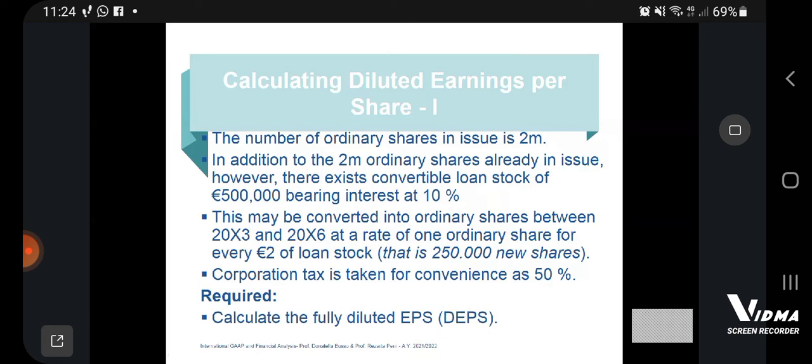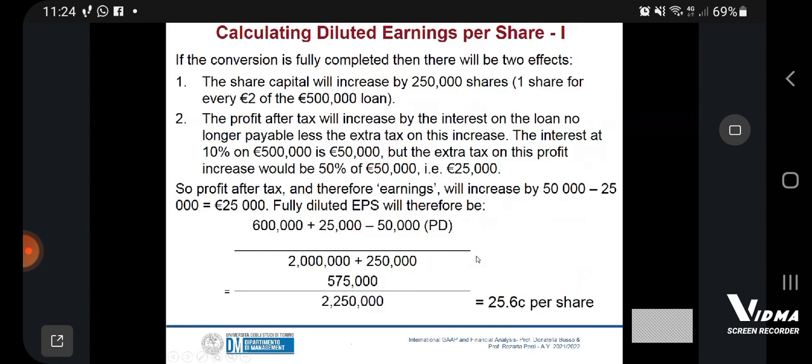So basically, I would take earnings, I would take the number of shares, and then I would consider the effect of this security that has potential dilutive effects. Okay, what we can do in this case, I think you have the solution in your slides, and we'll explain that step by step.